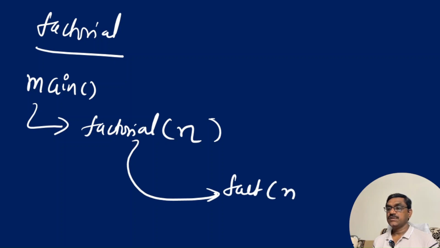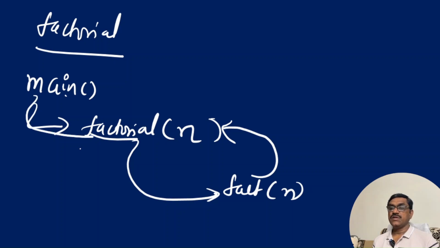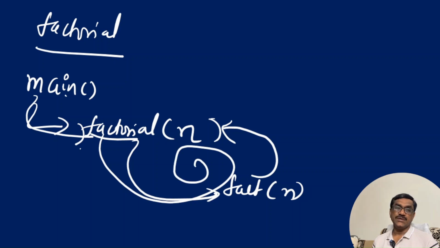This is the meaning. The execution of factorial starts by calling factorial from main. Main is calling factorial, and factorial is calling itself repeatedly.